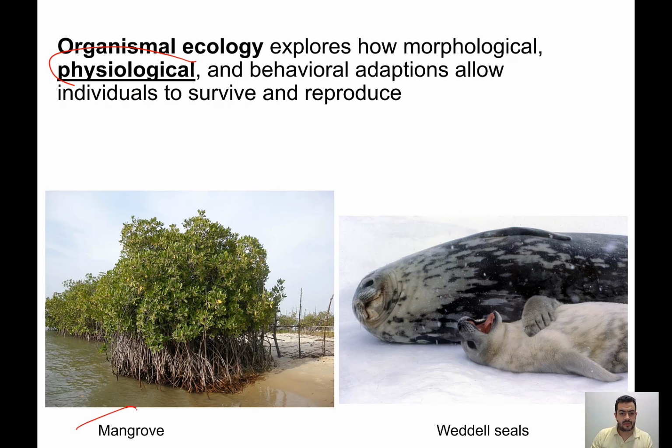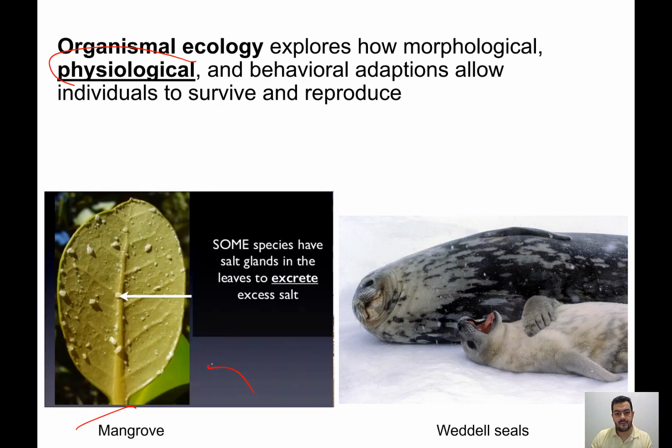So mangroves usually live in high salt environments, so ponds with high salts. In addition to having these roots which help fix the mangrove, especially in tides, number two, because of the high salt environment, the leaves of the mangrove have specialized glands that allow them to secrete the excess salts out of the leaves.